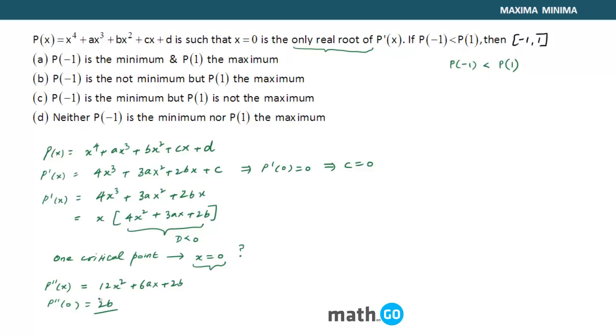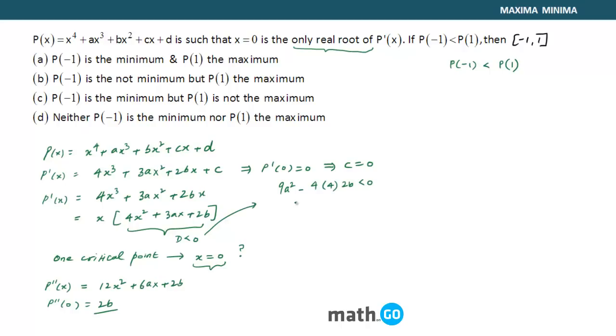Now how do we figure out whether b is positive or negative? We also had that D is less than 0. Let's calculate. D is B square minus 4AC, so this becomes 9a square minus 4 into 4 into 2b, and this should be less than 0, right?